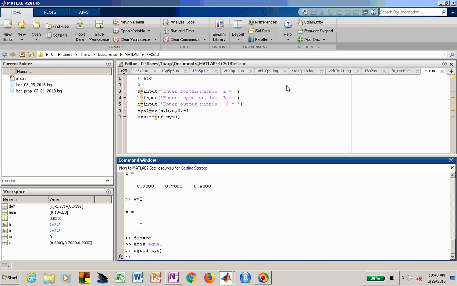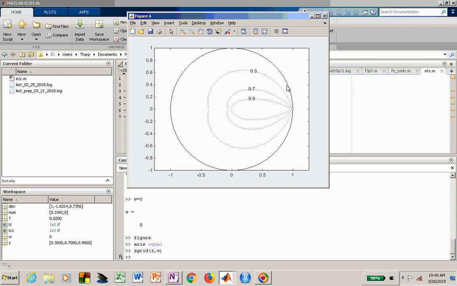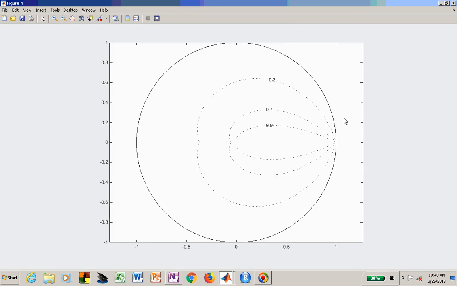So w is 0, and we have the three zeta values of 0.3, 0.7, and 0.9 labeled, and here is our unit circle with the axis equal, and this is now giving us the opportunity to sketch in this z-plane with those particular grids.